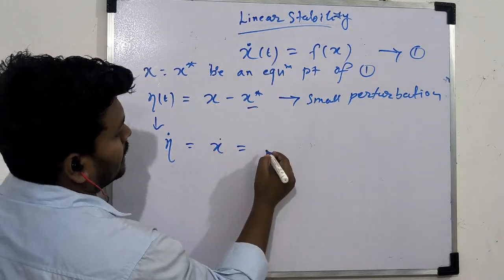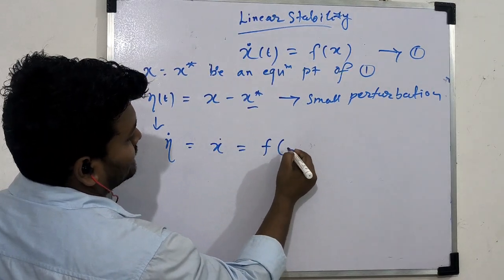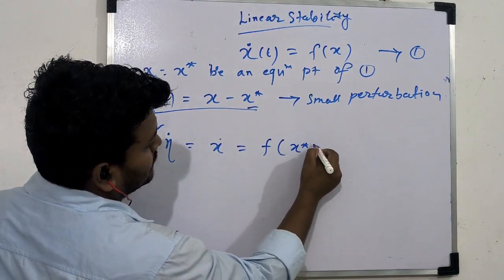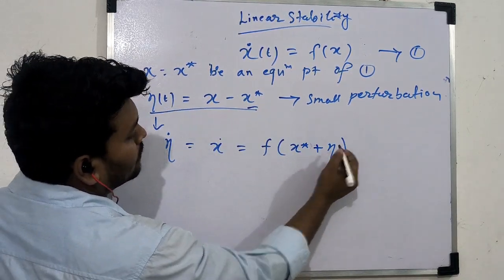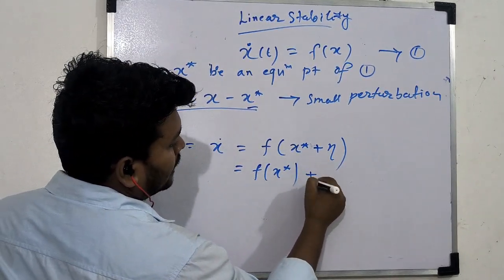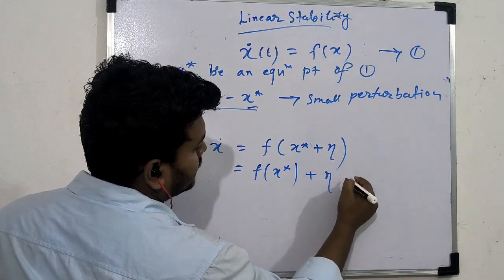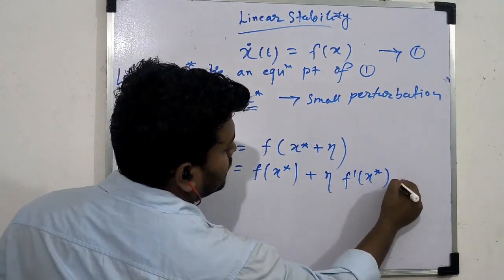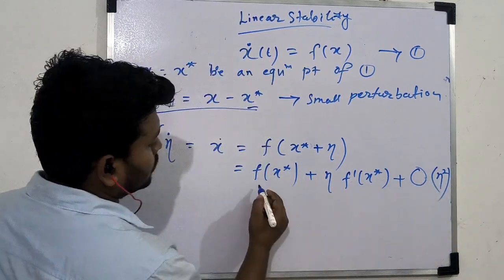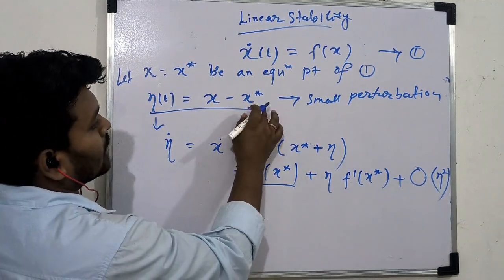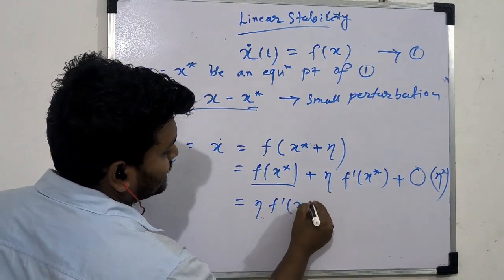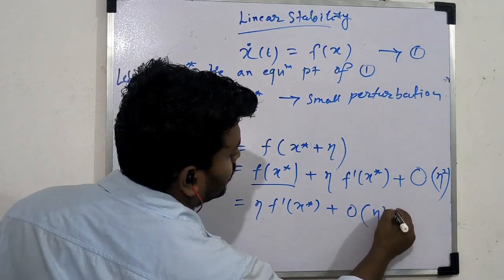And this x dot is equal to f of x, and from this x equal to x star plus eta, so it is a function of t, so we can expand it as a Taylor series: f of x star plus eta into f dash x star plus order of eta square. As x star is an equilibrium point, f of x star will equal 0, so therefore eta dot equals eta f dash x star plus order of eta square.